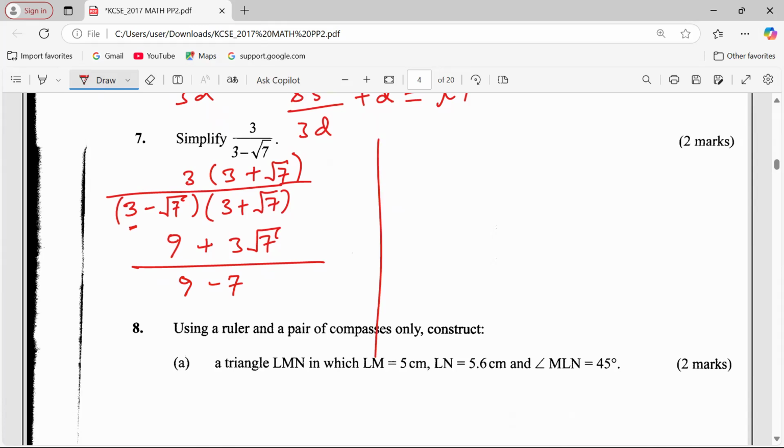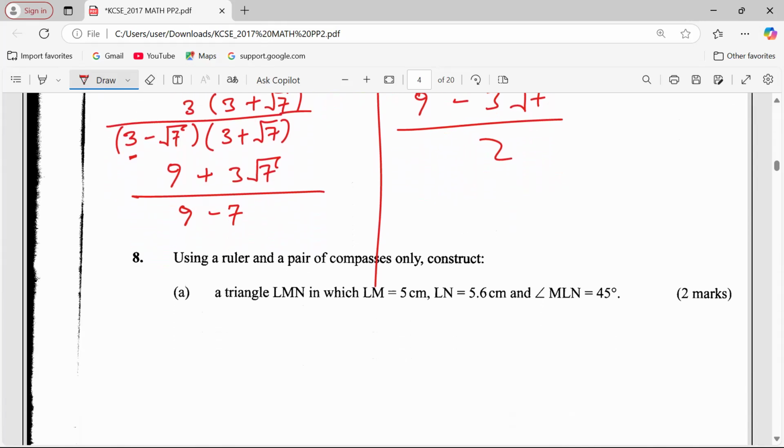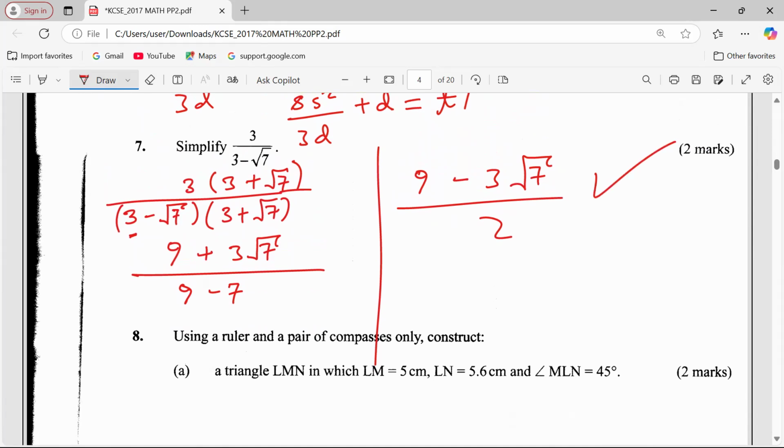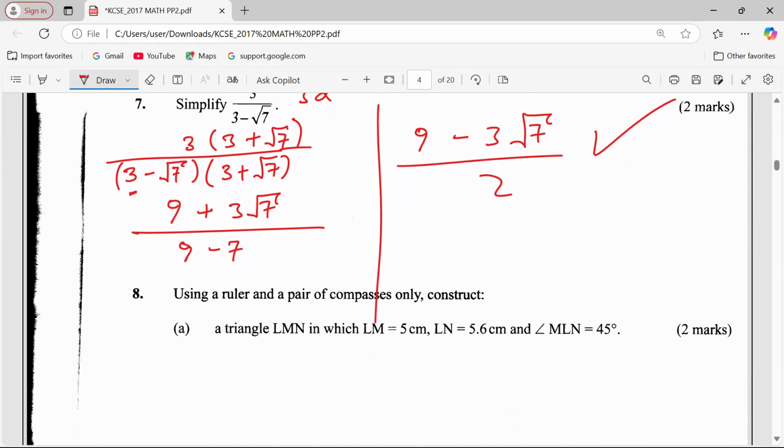That way, we will be having 9 plus 3 root 7 divided by 2. This expression is fully simplified as long as we do not have a surd in the denominator.